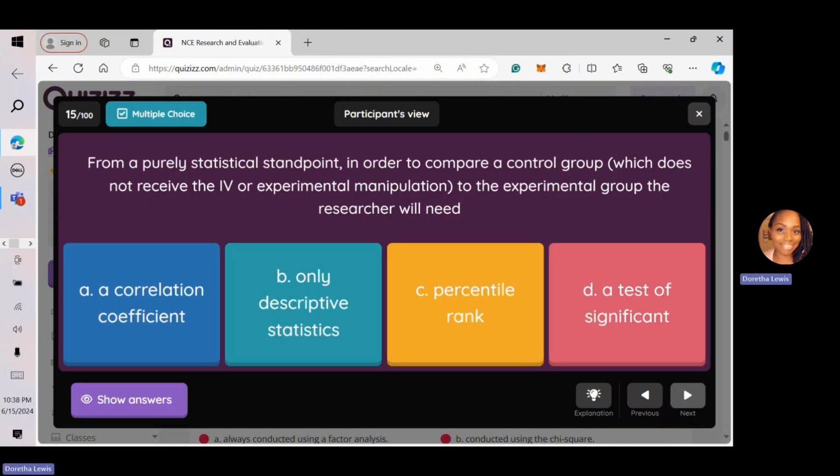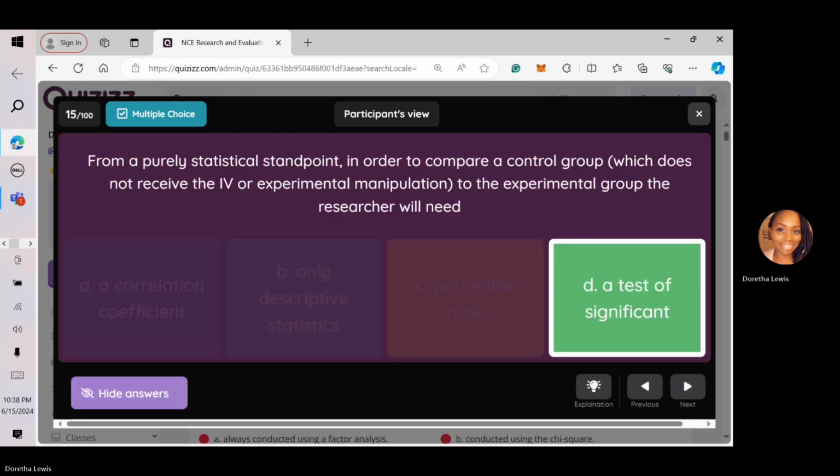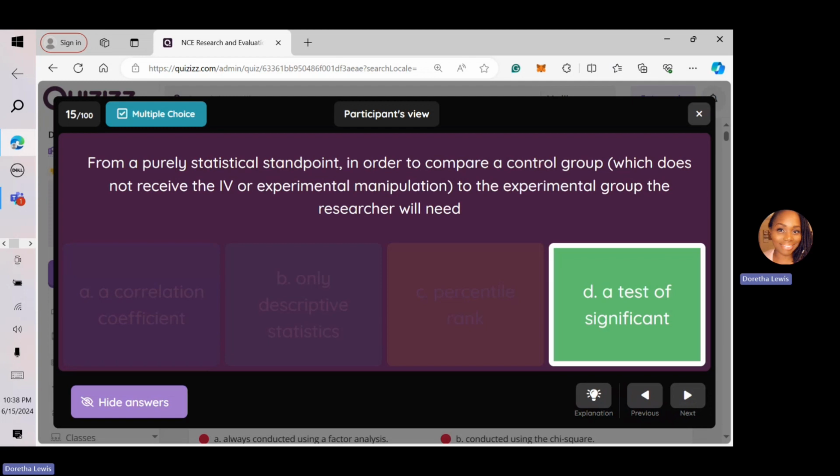From a purely statistical standpoint, in order to compare a control group which does not receive the independent variable or experimental manipulation to the experimental group, the researcher will need a test of significance, right? So in research, you have to prove that there is a level of significance and you will need to show that.